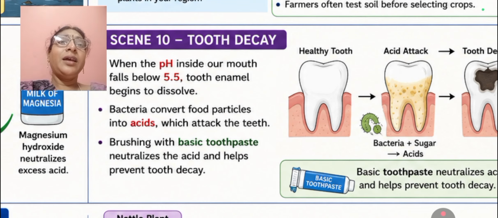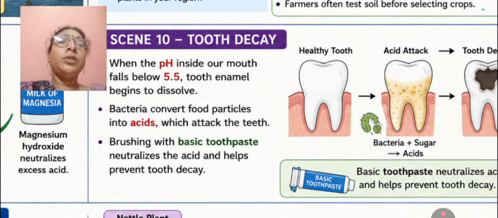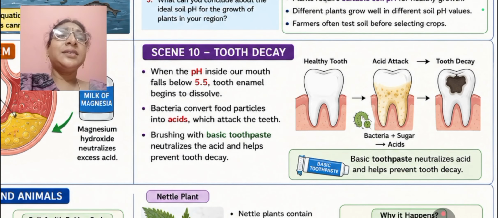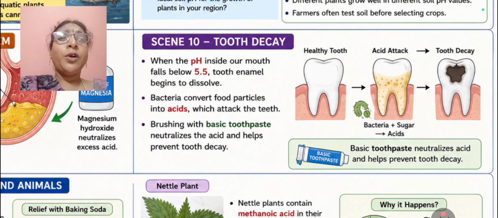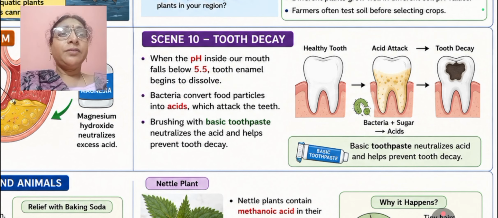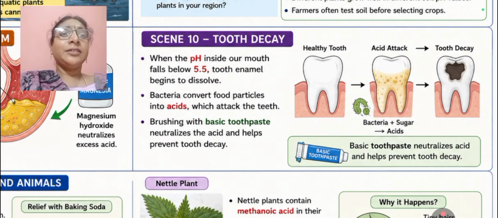When the pH inside our mouth falls below 5.5, tooth enamel begins to dissolve. Bacteria convert food particles into acids which attack the teeth.